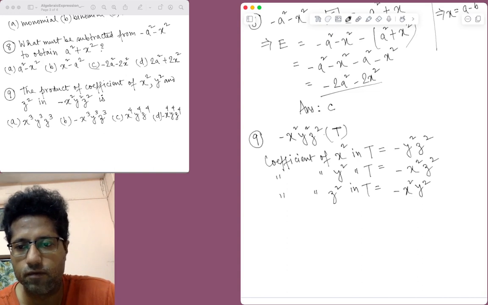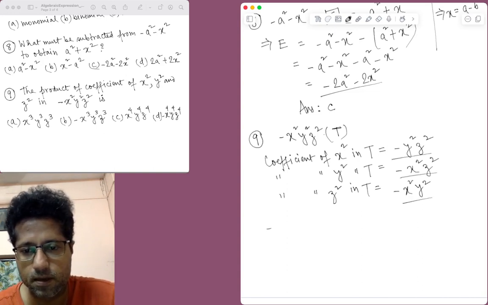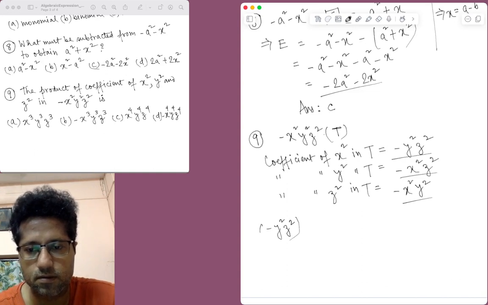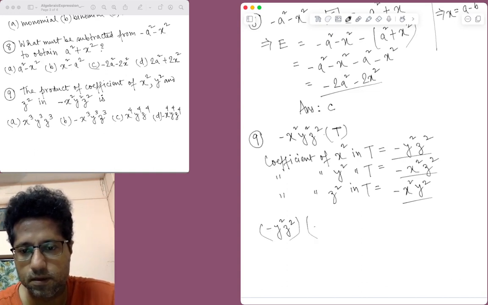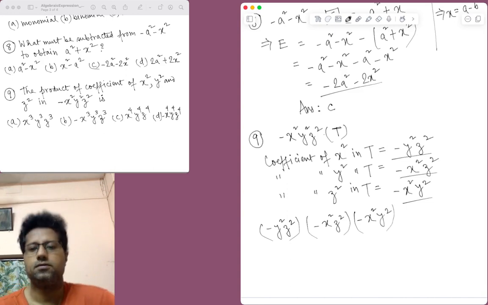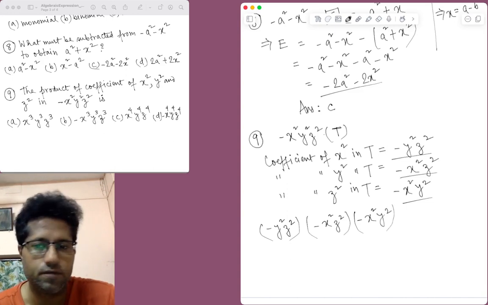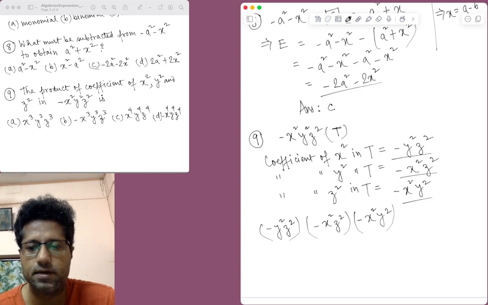So now we have to find the product of this and this. So minus y square z square, minus x square z square and minus x square y square. This is the product of the coefficients of x square, y square and z square in t.